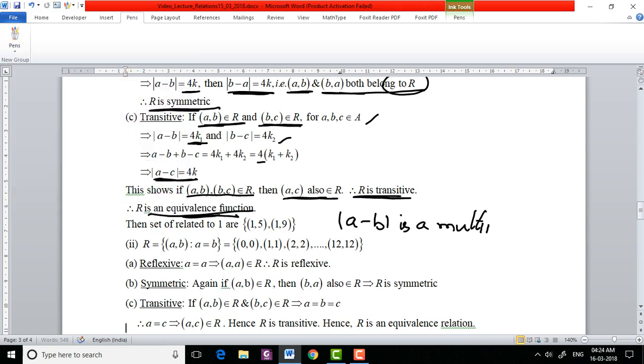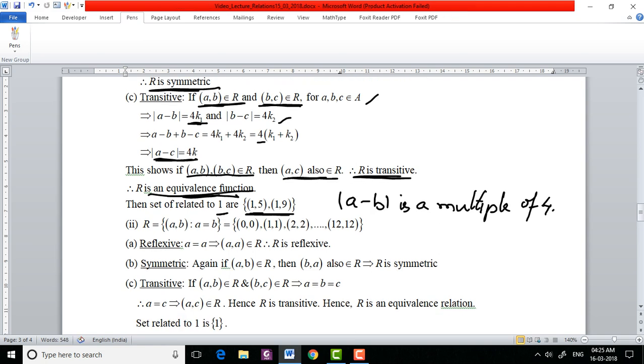In my case, 1 minus 5 is a multiple of 4, so (1, 5) is an element in this relation. Similarly, 1 minus 9 is equal to minus 8, so it is also a multiple of 4. So the elements related to 1 are 5 and 9. So that completes my first part.